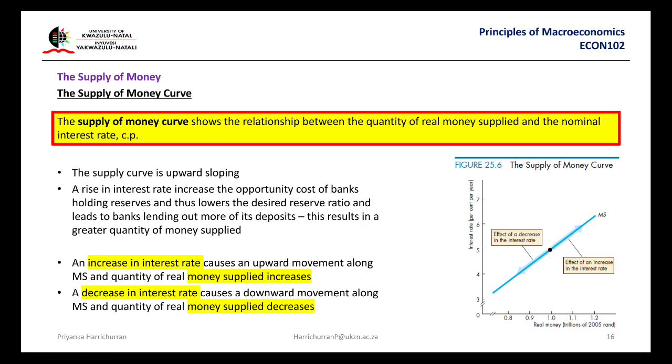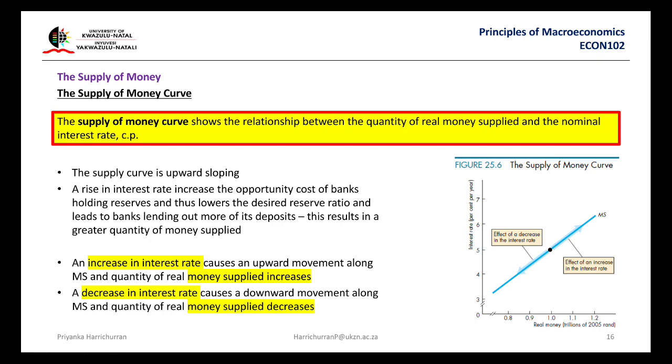Now the supply of money curve is positive, it's going up, right? So the way you interpret it: supply of money, think of banks. When the interest rate goes up, the bank will put more money in the economy. It'll lend out more money to people.